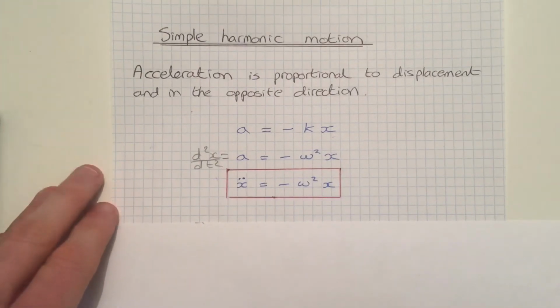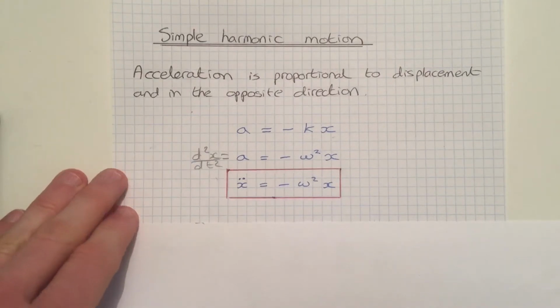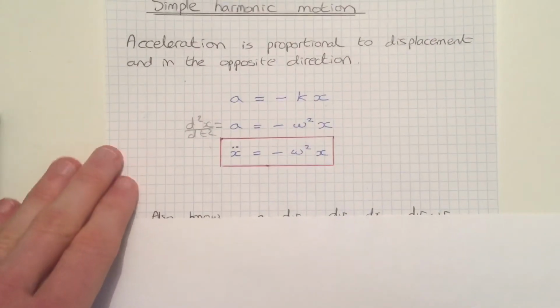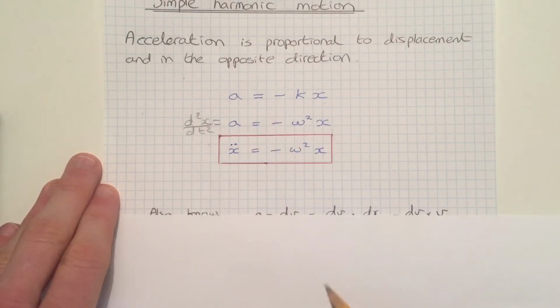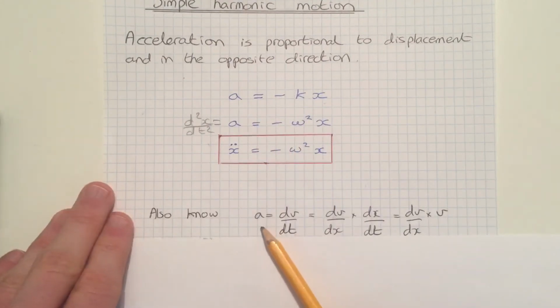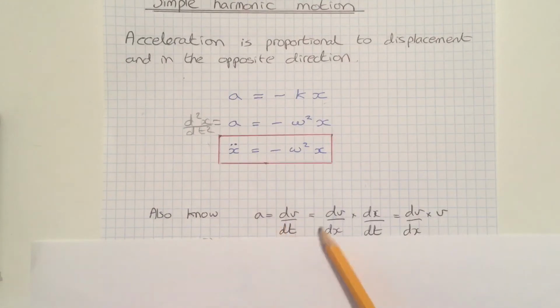Before we go into the examples of this, just quickly, I could write this in a slightly different way, because I also know that the acceleration can be written as the rate of change of the velocity with respect to time. And by the chain rule, dv by dt is the same thing as dv by dx times dx by dt, because you can see these cancel out.